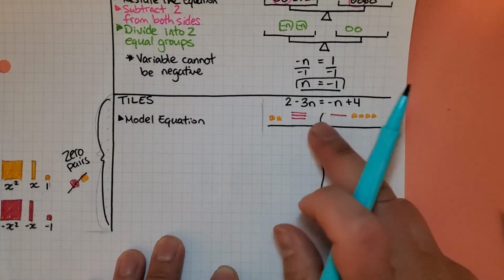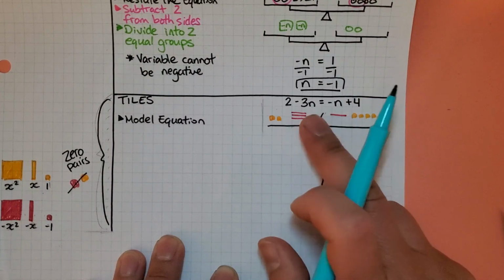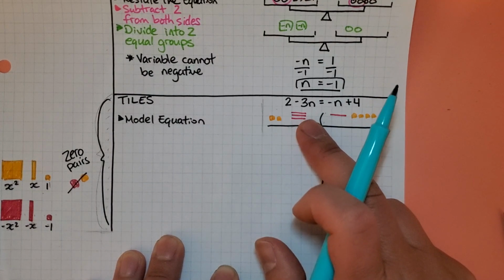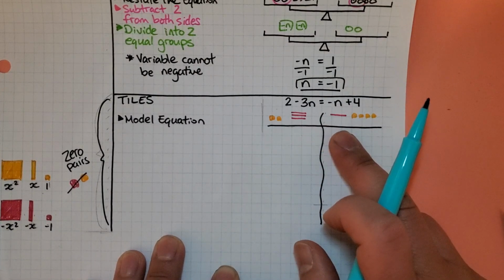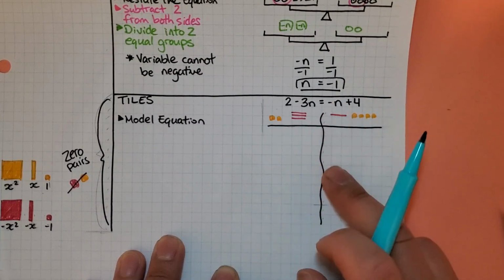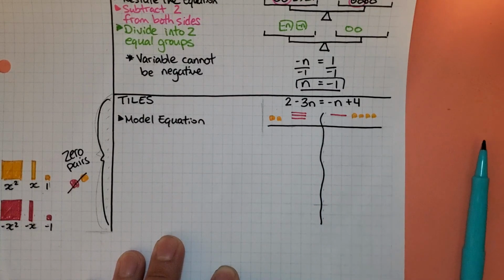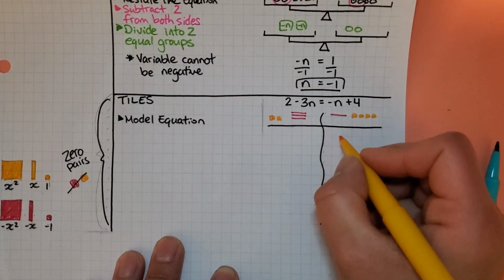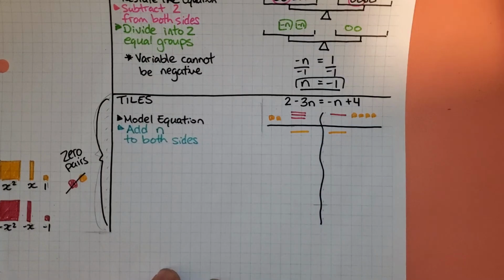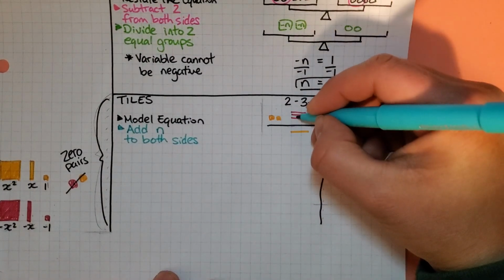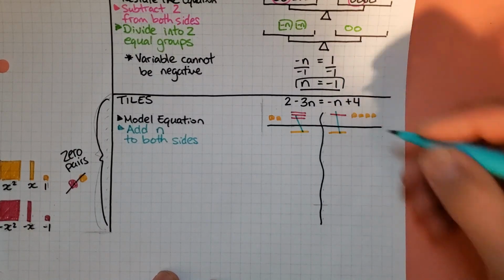Now, again, we are trying to isolate the variable and find out what one of these rods equals. So the way we're going to do that is we're going to take away this n on this side. And the way we're going to do that is we're going to add a positive n to both sides. Those make 0 pairs, so we cancel those out.